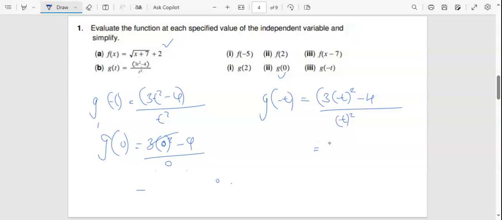So that would be positive, 3t squared minus 4 over. The power is even, so negative t times negative t gives positive t squared. So that is the answer.